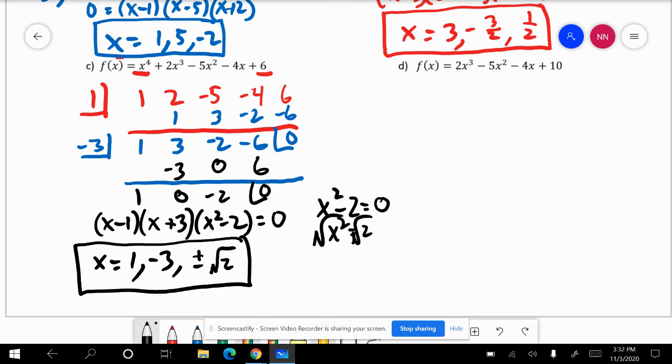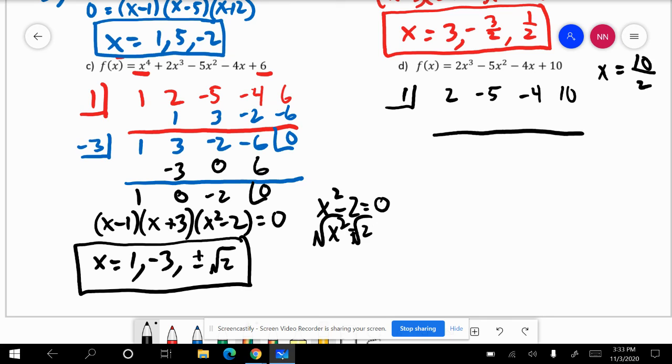Okay, looking at our last one, it's all the factors of 10 over all the factors of 2. So in this case, I'm going to guess 1 again. And I have 2, 2, -3, -3, -7.